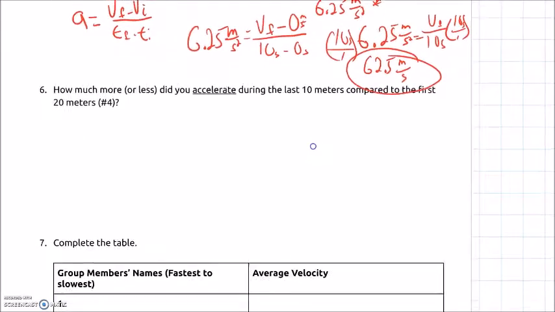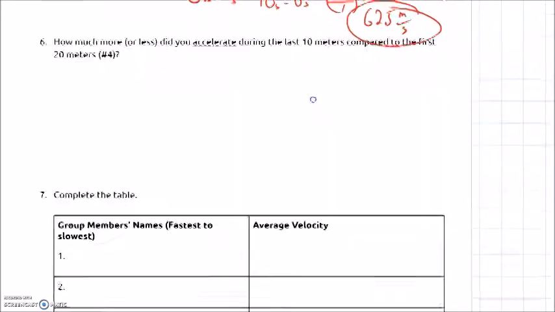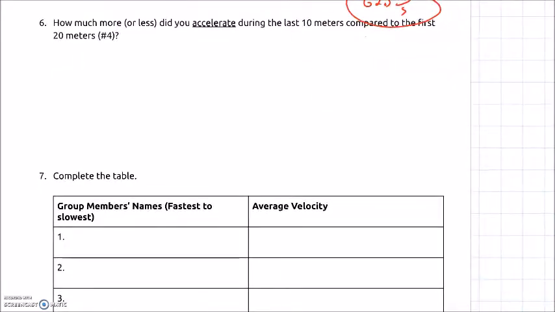Number 6. How much more or less did you accelerate during the last 10 meters compared to the first 20 meters? All right, so it's asking us to compare the acceleration between 2 points on our run here.